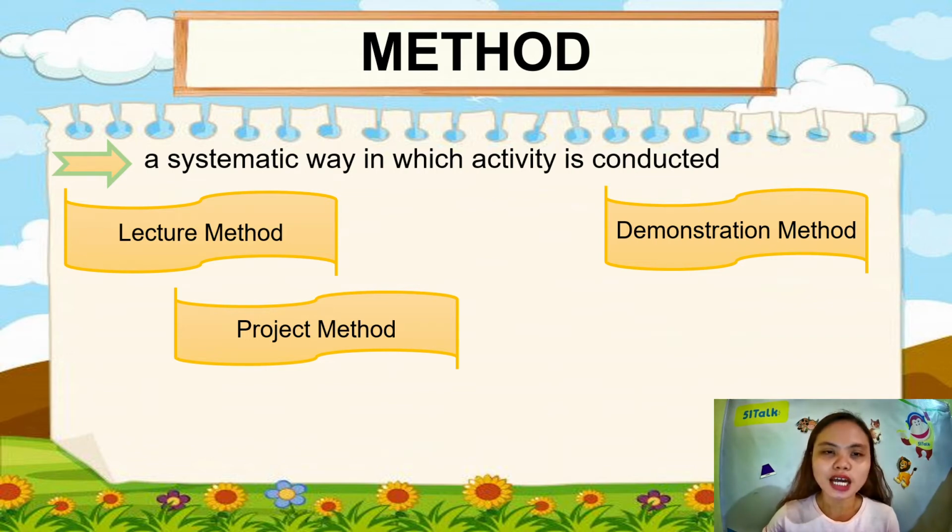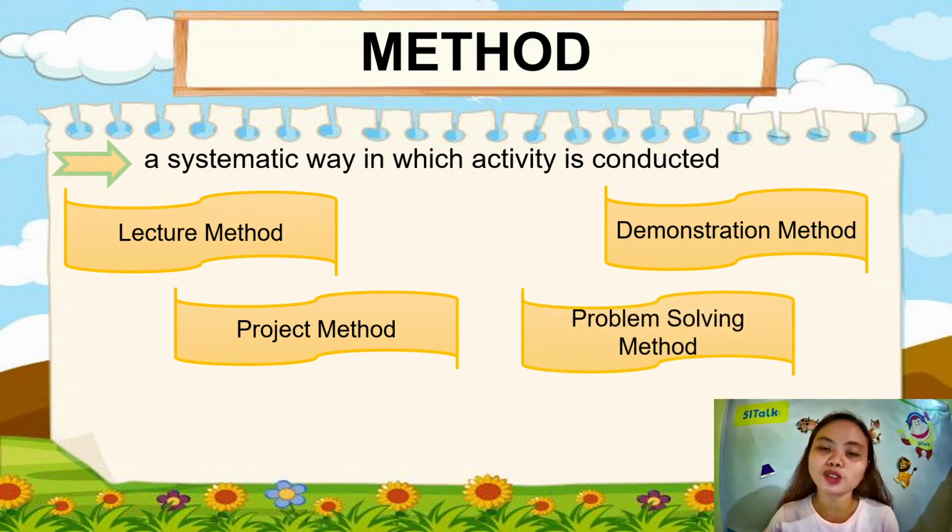Okay, next we have the problem solving method. In the problem solving method, students learn by working on problems. This enables the students to learn new knowledge by facing different sets of problems to be solved.